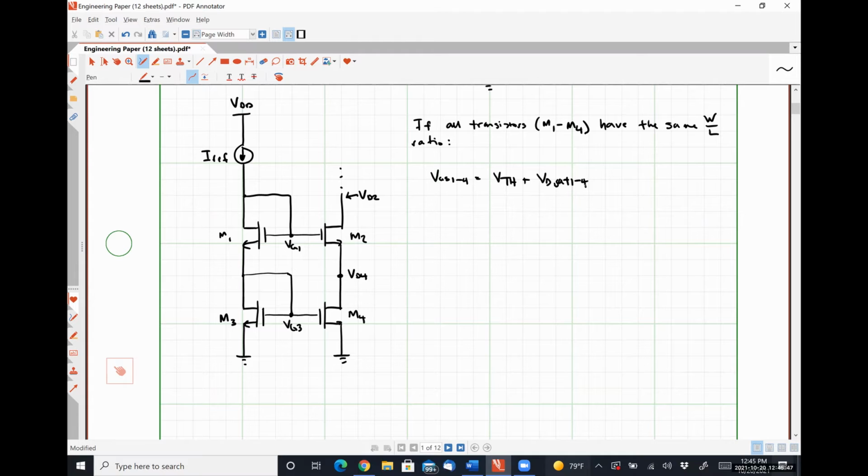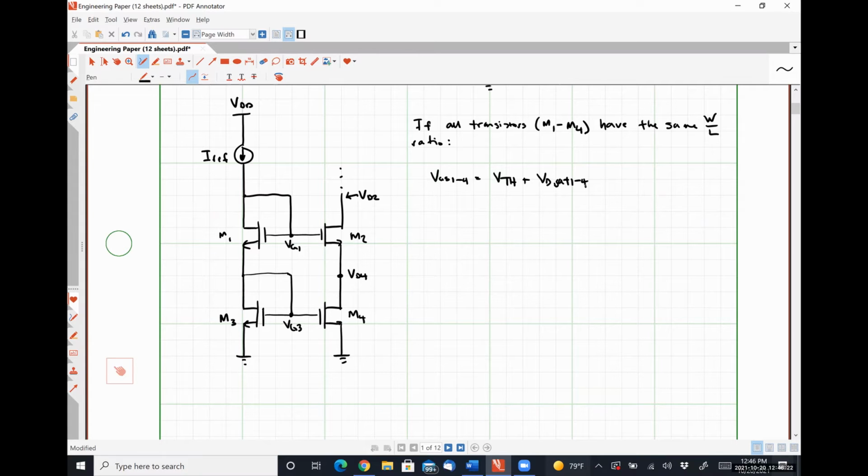So what this statement means is that if all of our transistors are identical, they're all carrying that exact same current I reference, right? So I reference has to flow through M1, and since if it flows through M1, it has to flow down through M3, then we know that M1 and M3 are carrying the same amount of current. Since M2 should be mirroring what's seen in M1, that means M2 is carrying IREF, and M4 must also carry IREF.